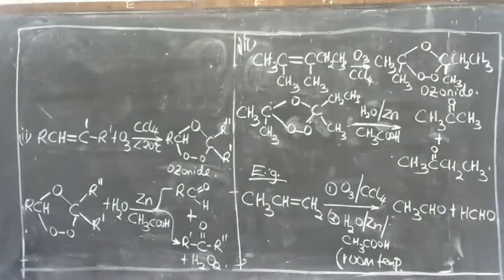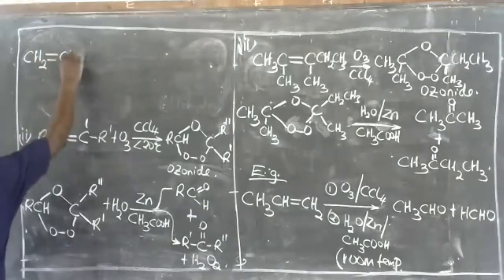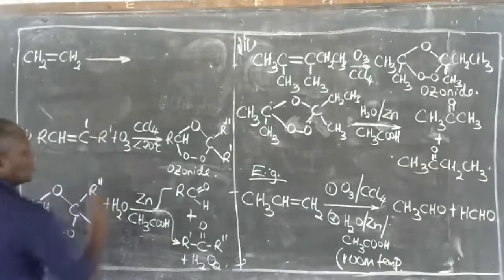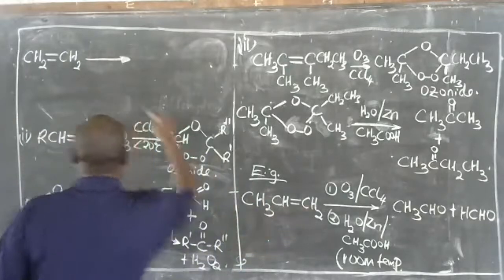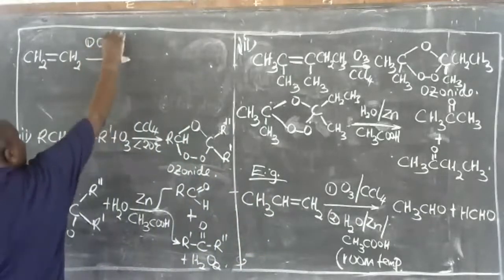Then we can also have ethene. Suppose I have ethene, double bond, CH2, still undergoing the same conditions. The first one is I add ozone in the presence of carbon tetrachloride.